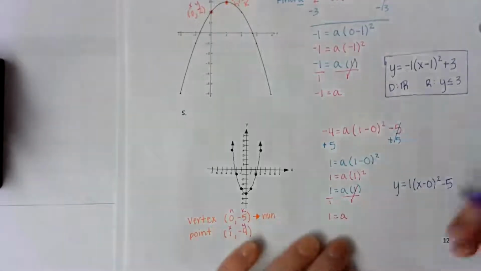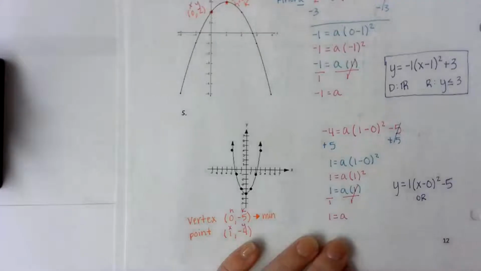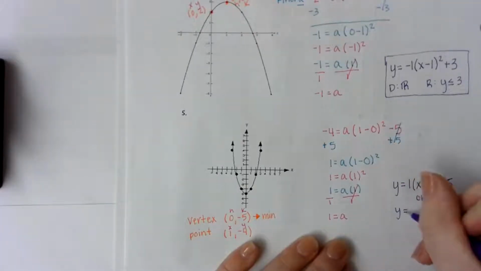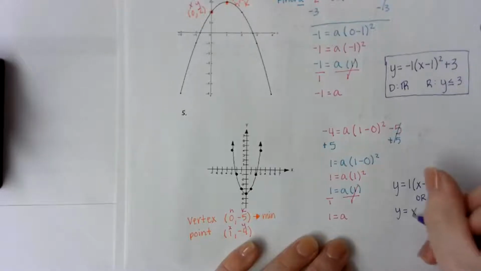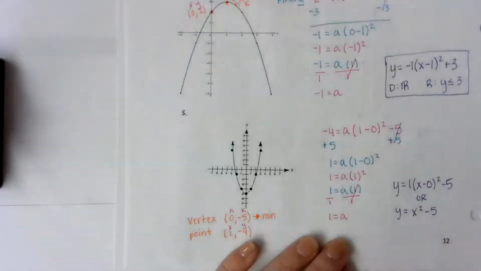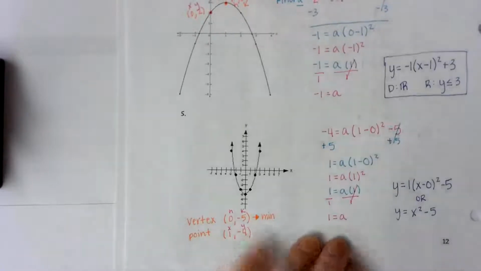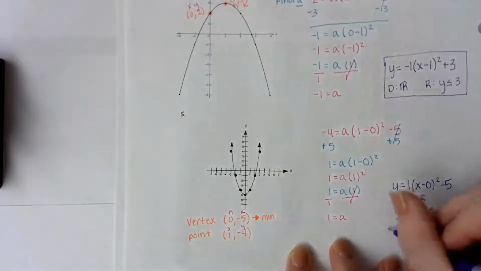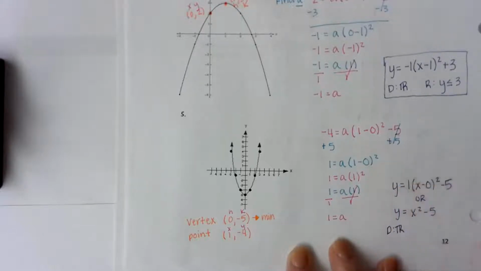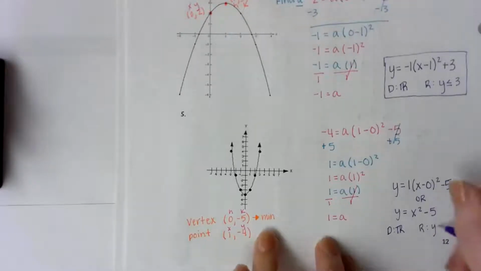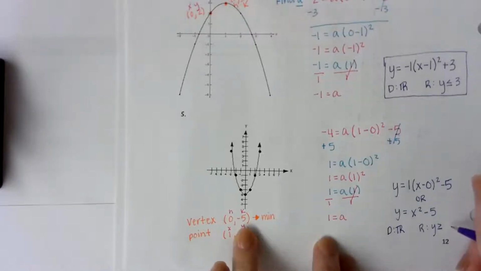So we can actually rewrite this as y equals x squared minus 5. Because if I were to distribute this 1 in here, we would just have a 1 in front, which isn't going to change anything. But we still need our domain, which is always all real numbers, and our range. So y is greater than or equal to, because that's a min, the y value of our vertex, or the k, which is -5.